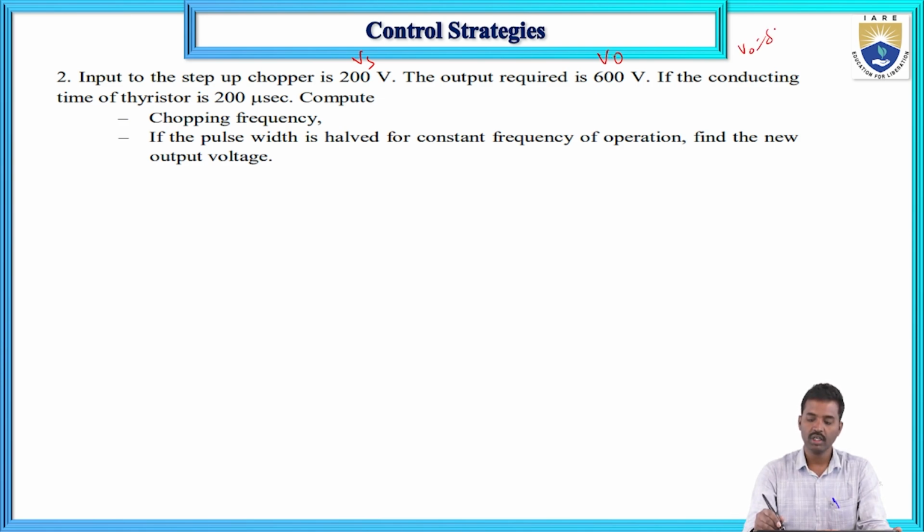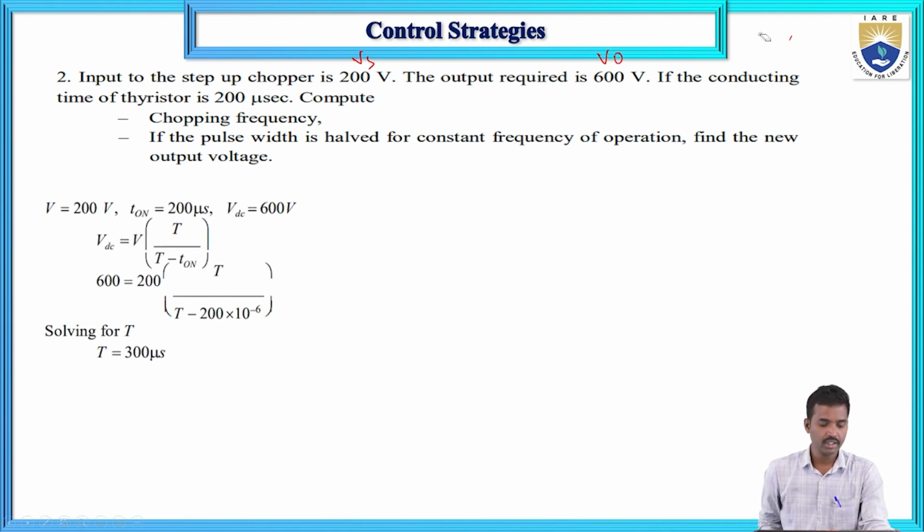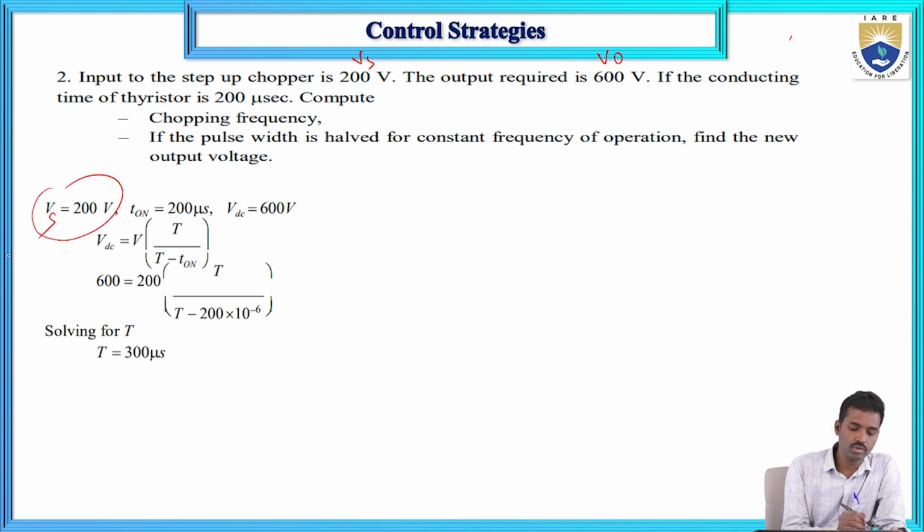V naught equals delta into Vs. First you calculate delta for the step-up chopper. Vs equals 200 and T on is 200 microseconds. Now compute the chopping frequency f, that equals 1 by T.